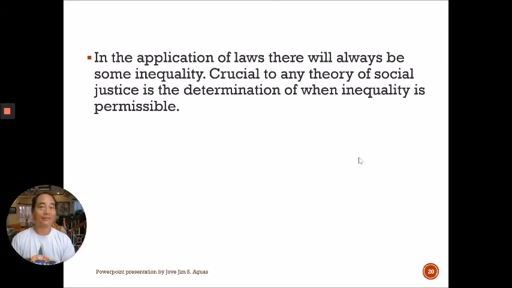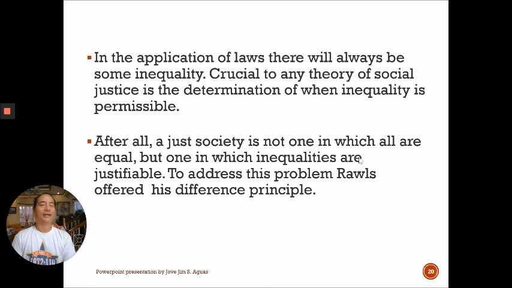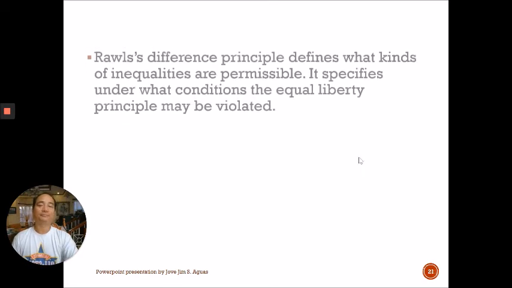All right. So crucial to any theory of social justice is the determination of when inequality is permissible. After all, a just society is not one in which all are equal, as we have said, but one in which inequalities are justifiable. So to address this problem, Rawls again offered, as I've said, the difference principle.